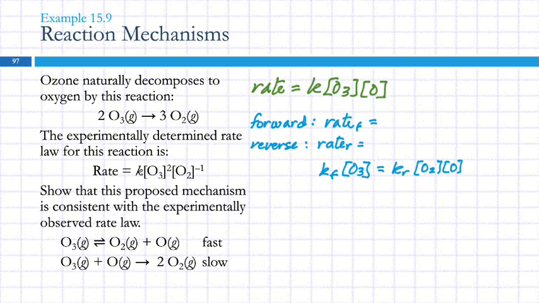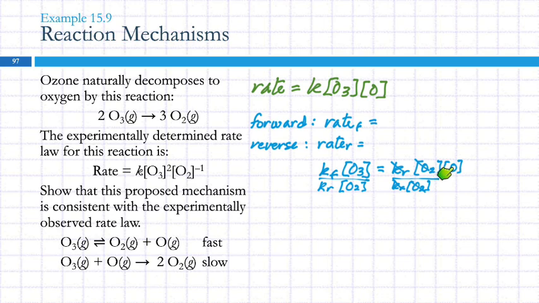The thing I'm trying to get rid of in my rate law is this intermediate O. So I'm going to solve this equation for O. I will divide by KR and O2 on both sides. These cancel out.